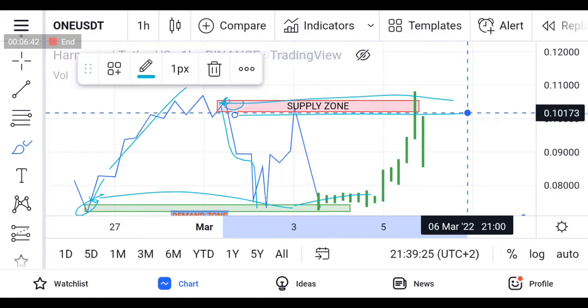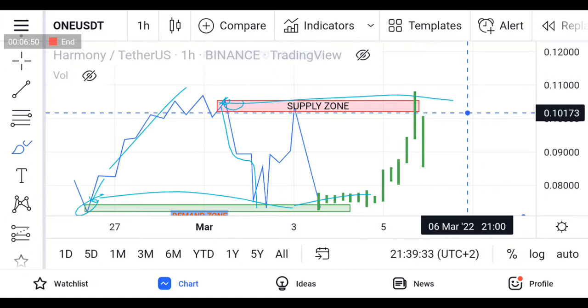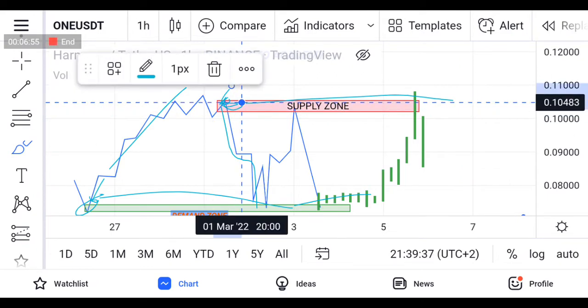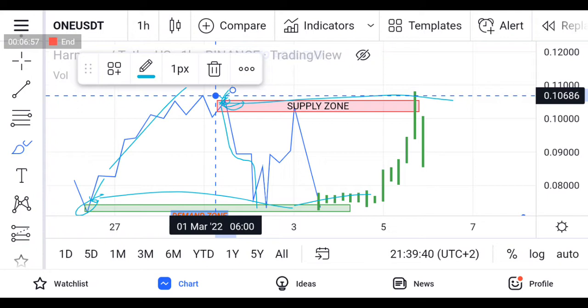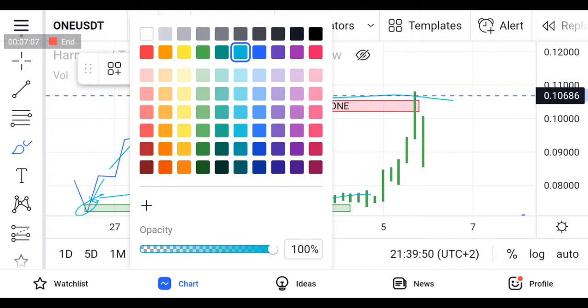What I mean by supply zone is that from this level you expect the market to come back to your supply zone. Then this is where you want to take your short signals.